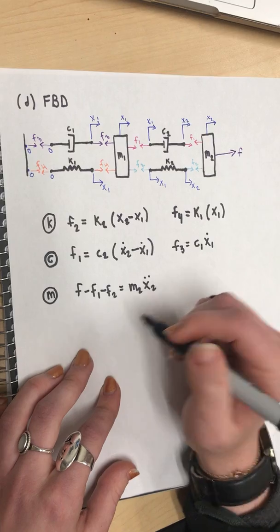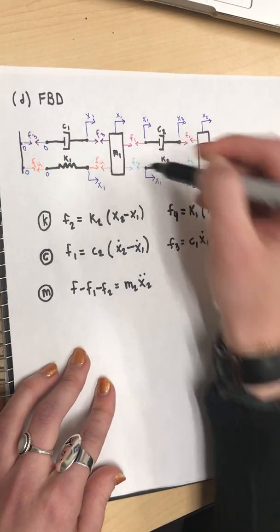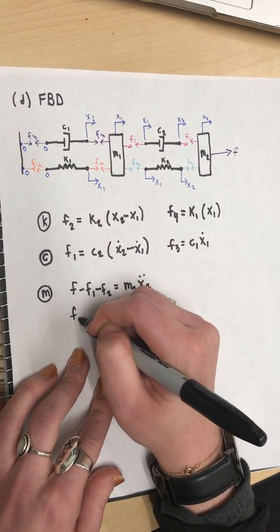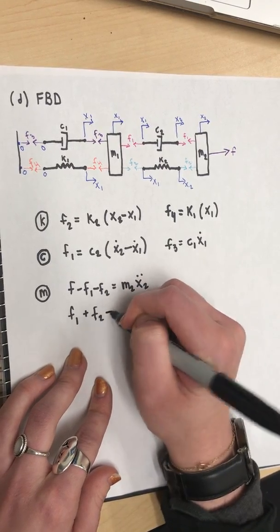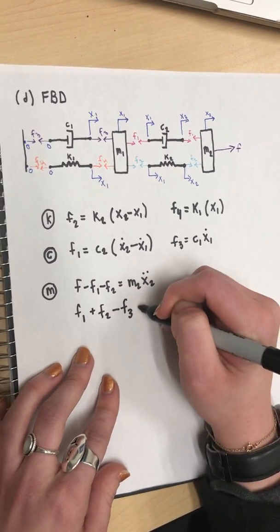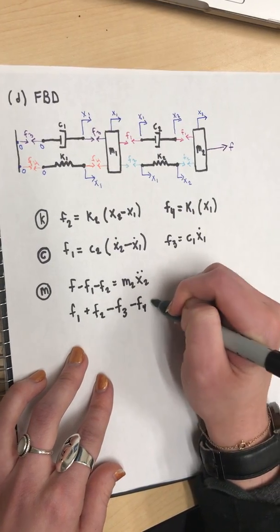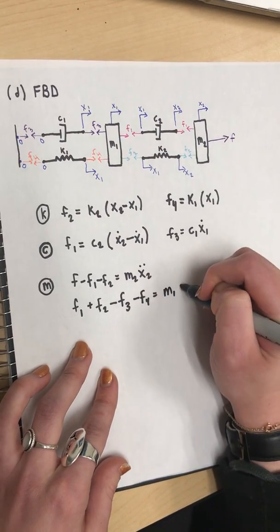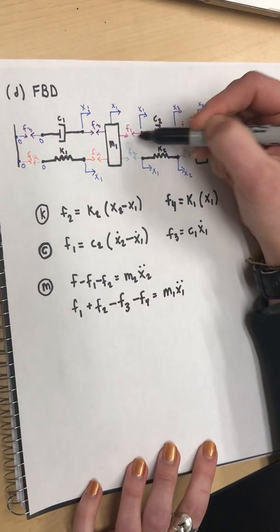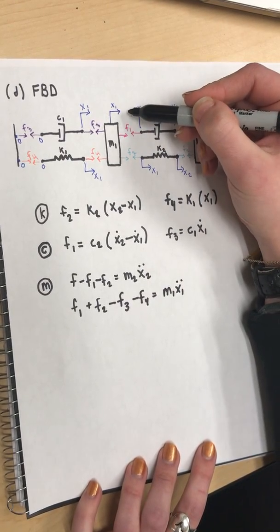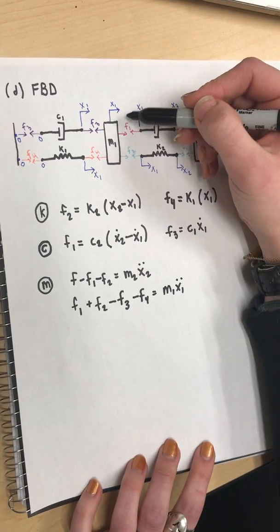For the other mass, we're going to add up these forces here. So we have F1 plus F2 minus F3 minus F4 equals M1 x1 double dot. Forces are in this order because these two forces go in the same direction as the displacement, while these do not.